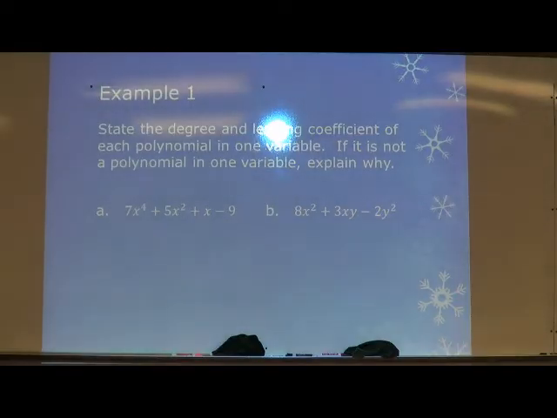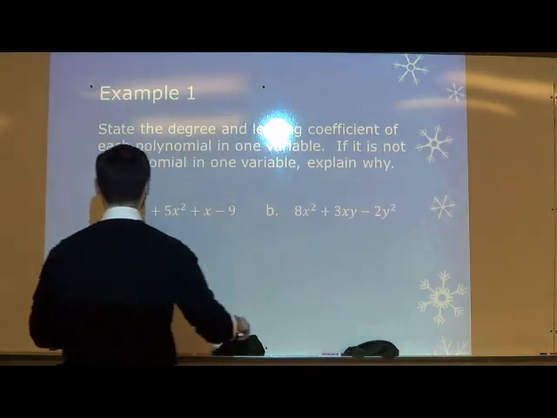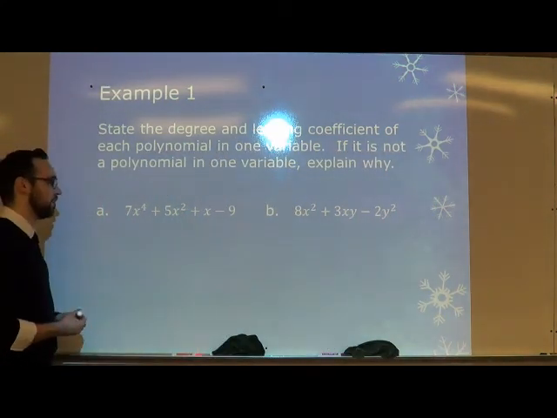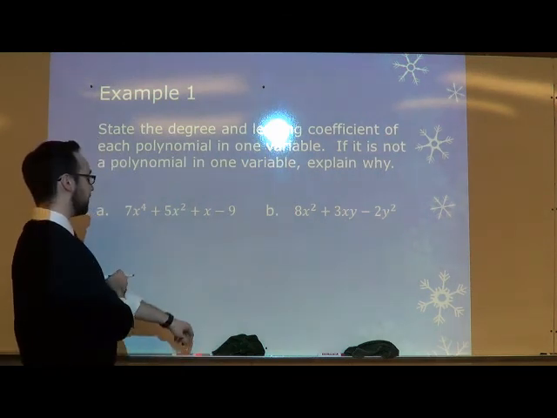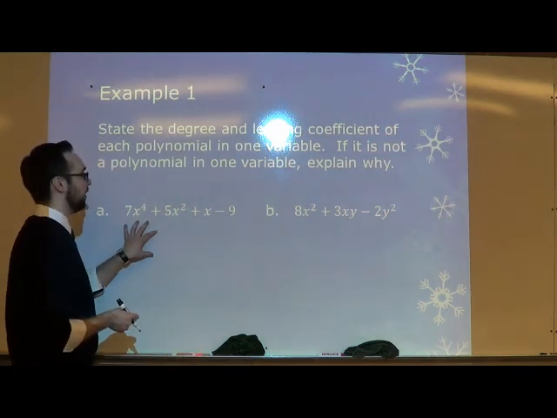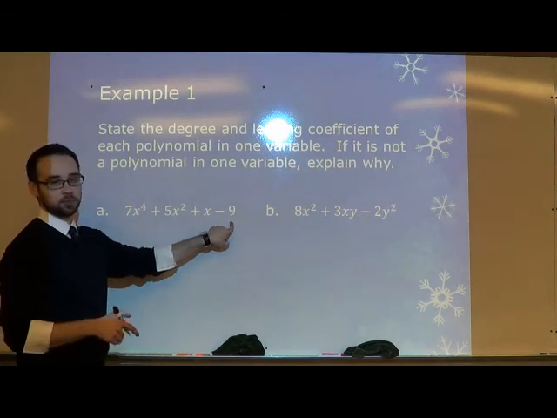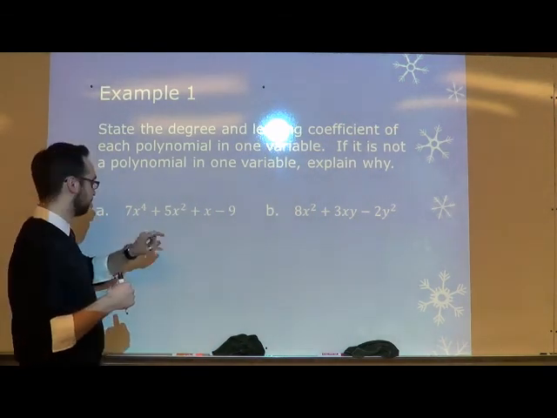So they give us some examples of functions. First, they want us to state the degree and leading coefficient of each polynomial in one variable, but if it's not, we have to explain why it's not. So taking a look at these, we have 7x to the fourth plus 5x squared plus x minus 9. What we want to know is, is this a polynomial in one variable? Well, there's only one variable, so it's a polynomial in one variable.